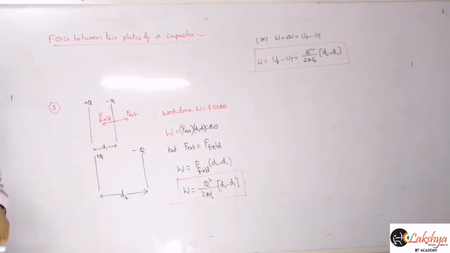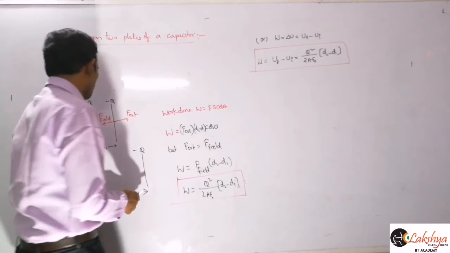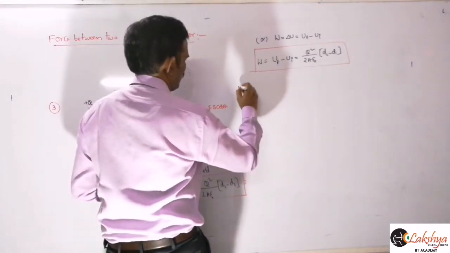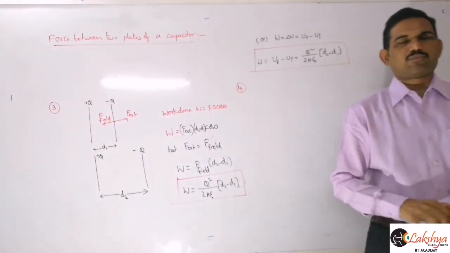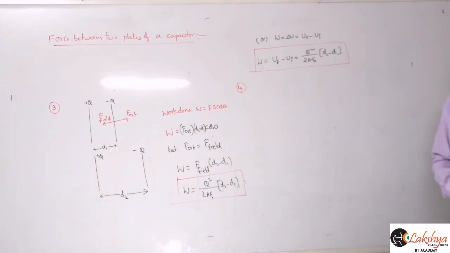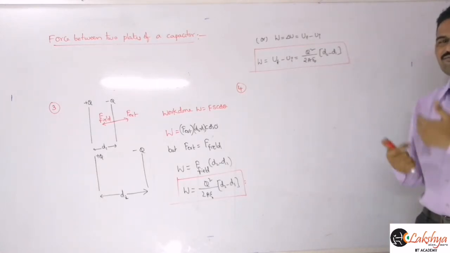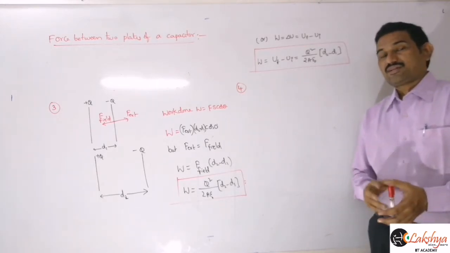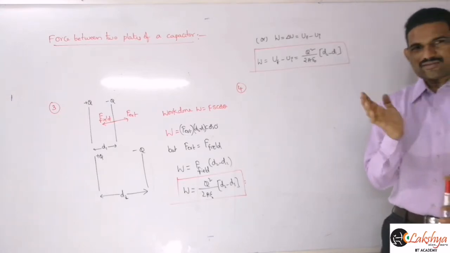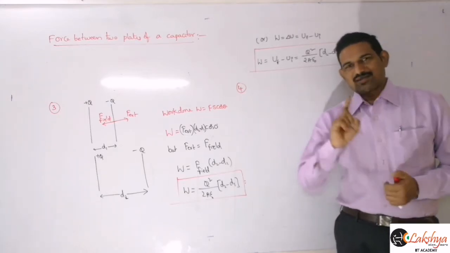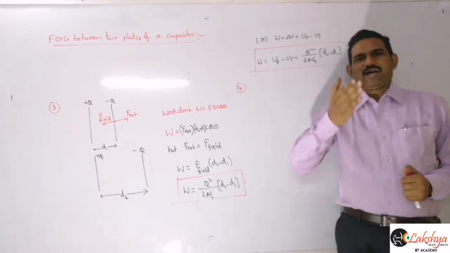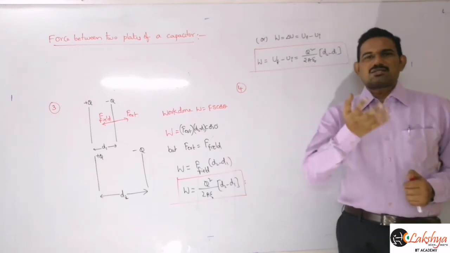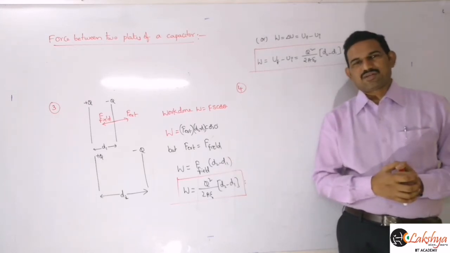Now suppose I take another case, where the potential difference across the capacitor remains constant and we increase the separation. These two cases are very important in capacitance. One case is when the charge on the capacitor remains constant, and the other is when the potential difference across the capacitor remains constant.